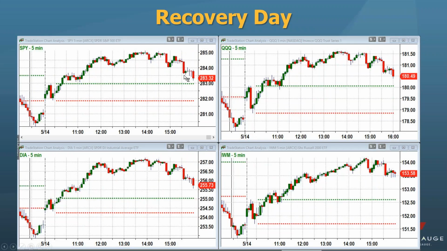Well, with the opening range, as soon as the IWM got through its opening range high and all the other three were over their opening range, I knew that the negative momentum of yesterday was probably broken.